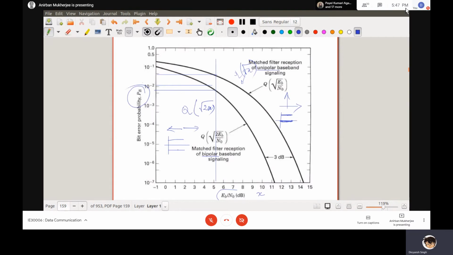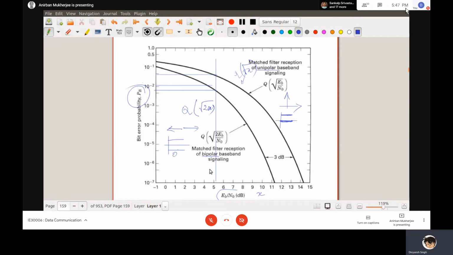So logical 0 will not be detected as logical 1, or logical 1 as logical 0. In order to do that, your noise amount should be 2A. You need more noise.